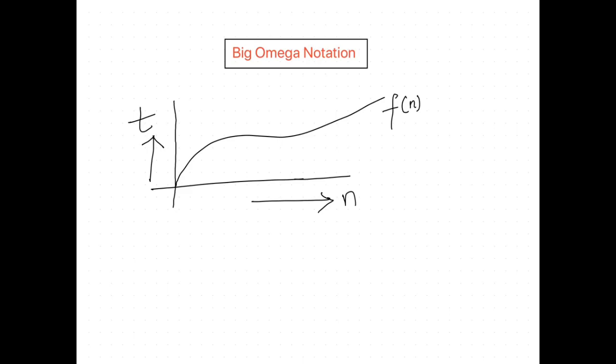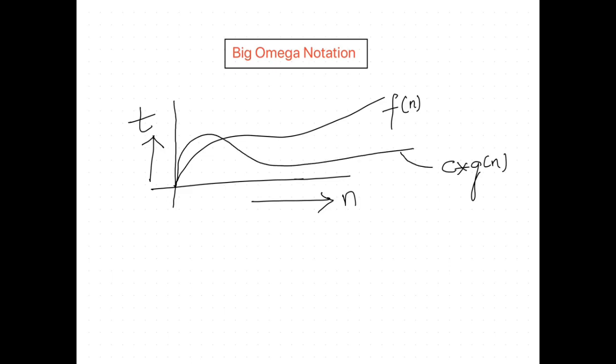Now I'm taking an approximation function to this f of n. So that approximation function is c into g of n. This particular approximation function I'm drawing on this graph. See here.